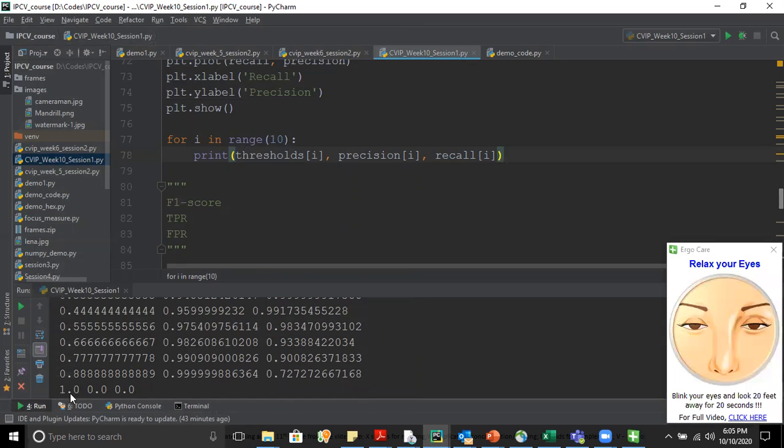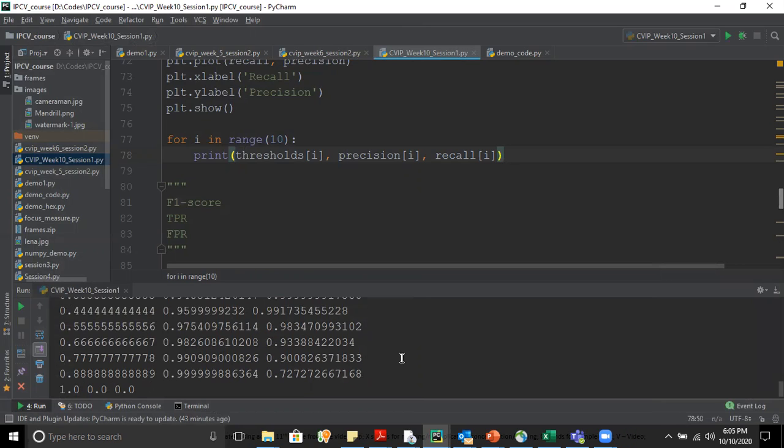Maybe for 0.7, I guess. Yeah, at 0.7 it's 0.99 and 0.90. So I think 0.7 will be the optimal threshold.